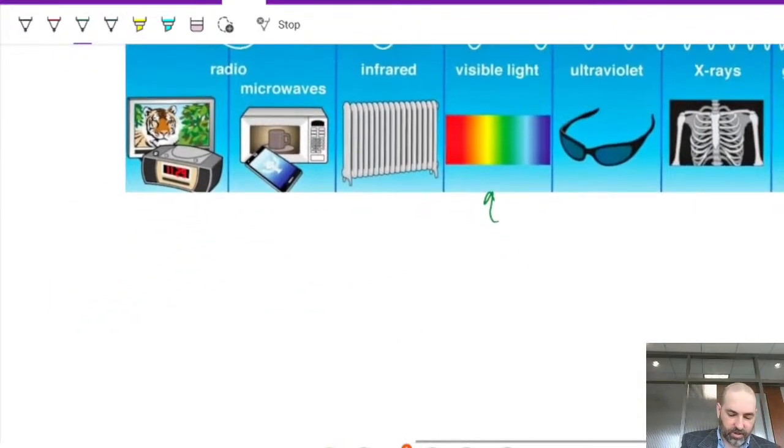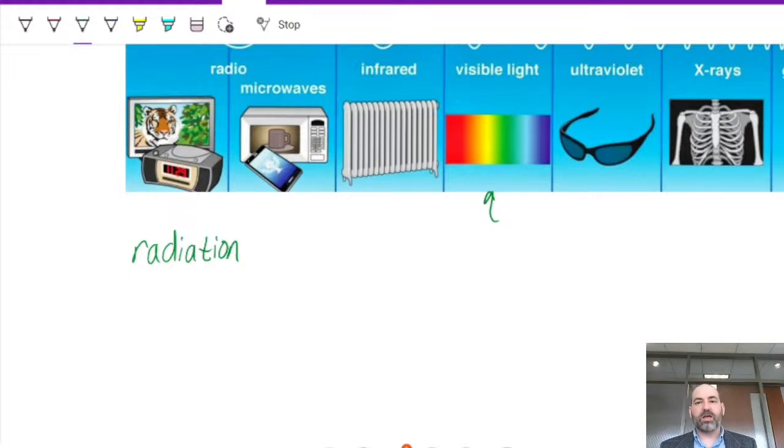Now we should define this term, radiation, because we're going to use it. Sometimes it's a loaded word because people associate it with nuclear radiation, which is the energy emitted by things that are decaying, like nuclear decay, and these tend to be fairly dangerous.